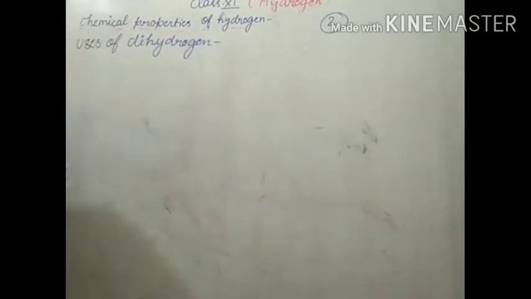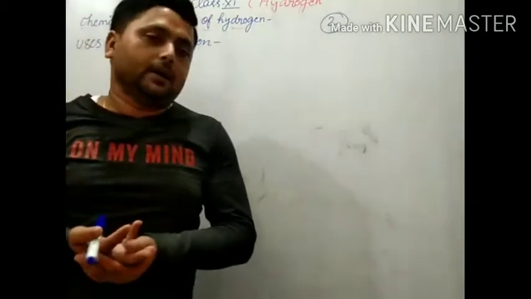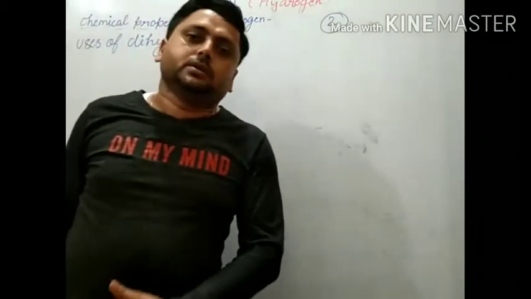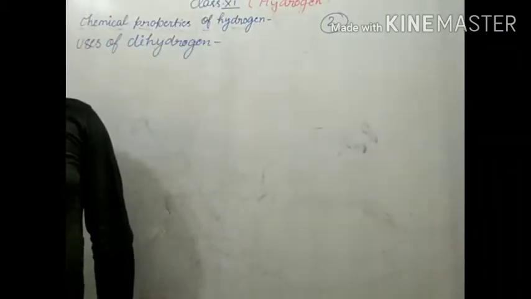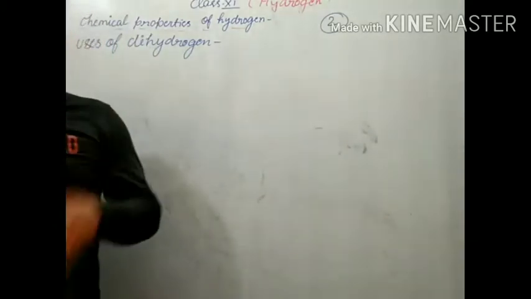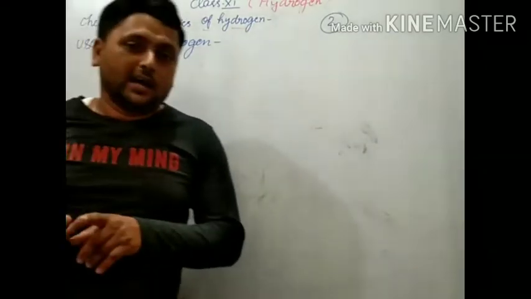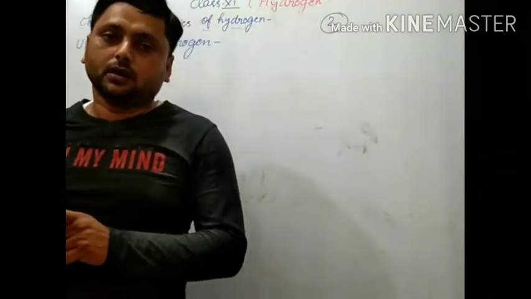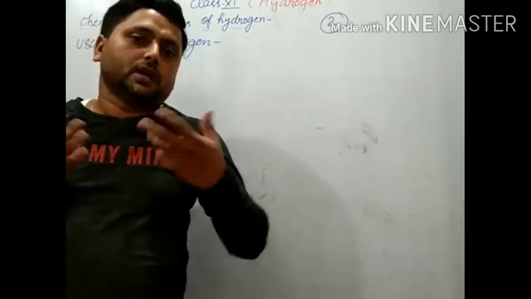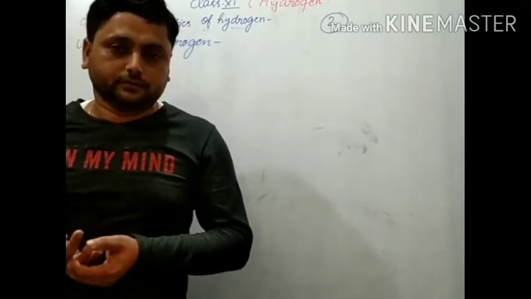Uses of dihydrogen. You have seen what the use of dihydrogen is in chemical reactions. You have seen many uses of dihydrogen, so one by one we will study. Like for the production of ammonia, and ammonia is used for the synthesis of nitrogenous fertilizer.